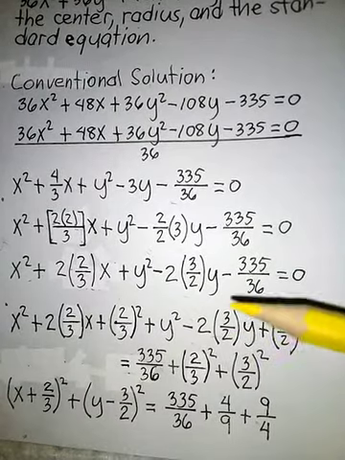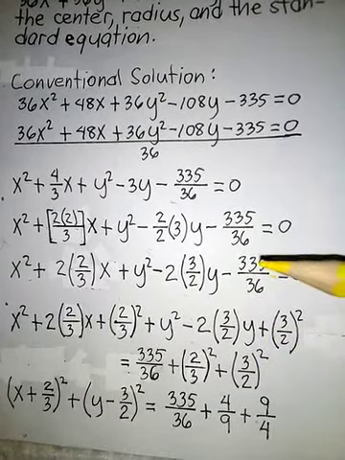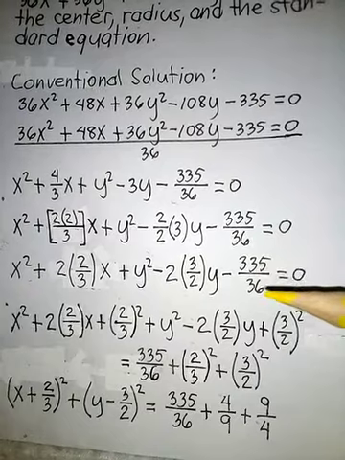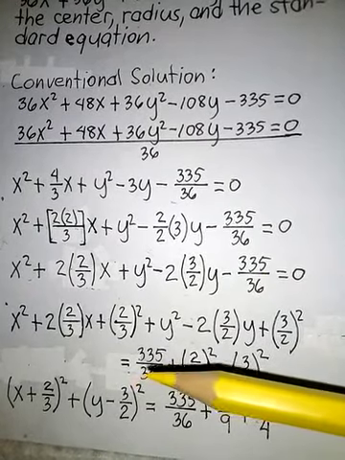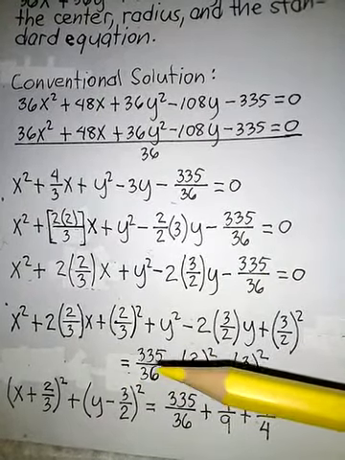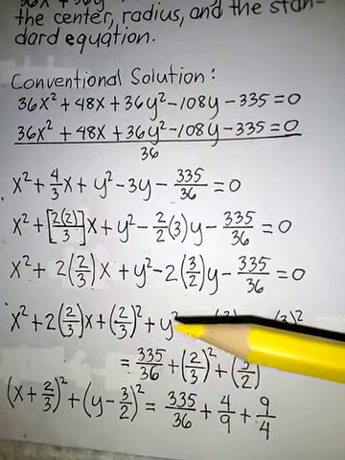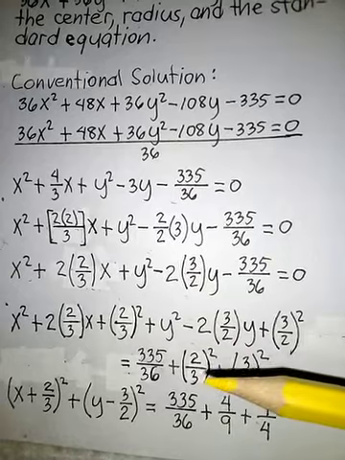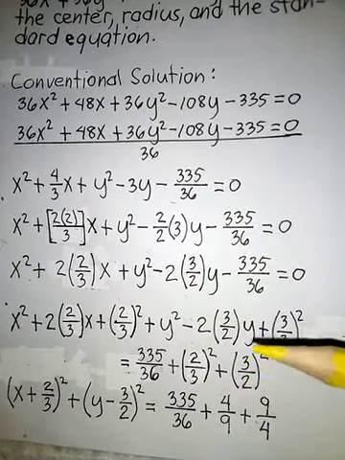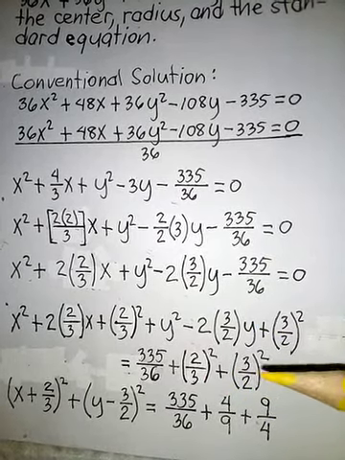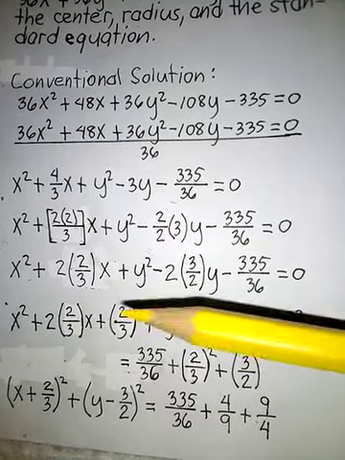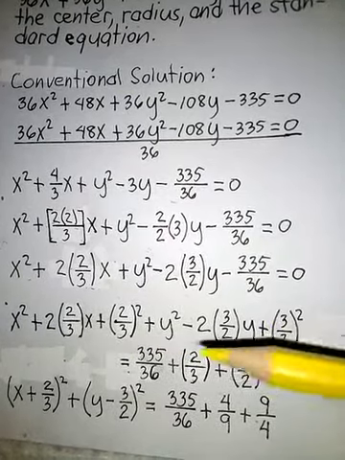And then we have to transpose negative 335 over 36 to the right side, so this will become positive. So we have 335 over 36 plus 2/3 quantity squared here on the right side plus quantity 3/2 quantity squared here to balance the whole equation.